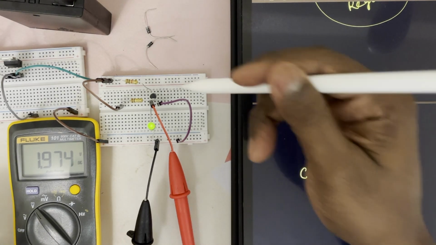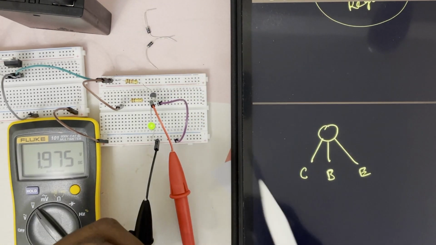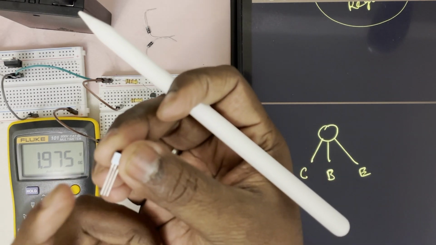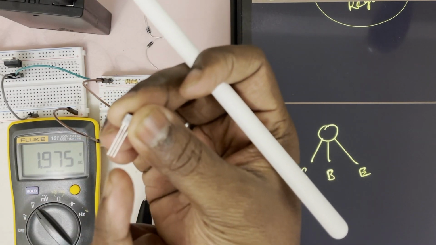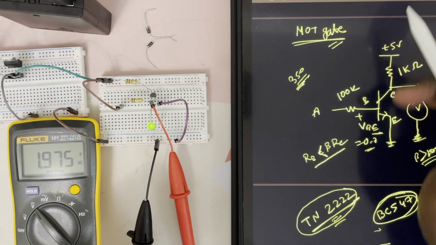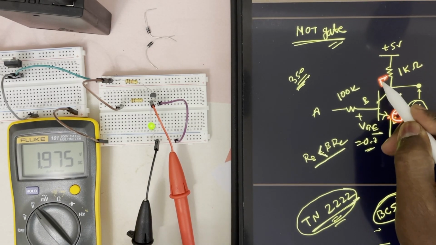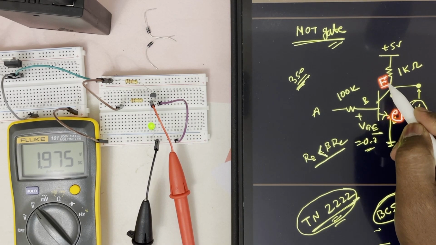Here you can see that I already reversed the transistor. That means now this one is the collector and this one is now the emitter.